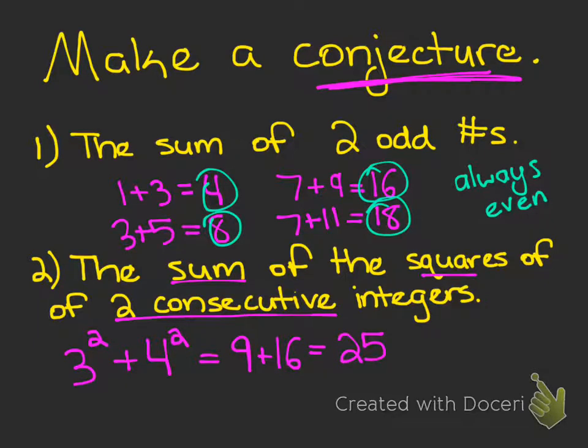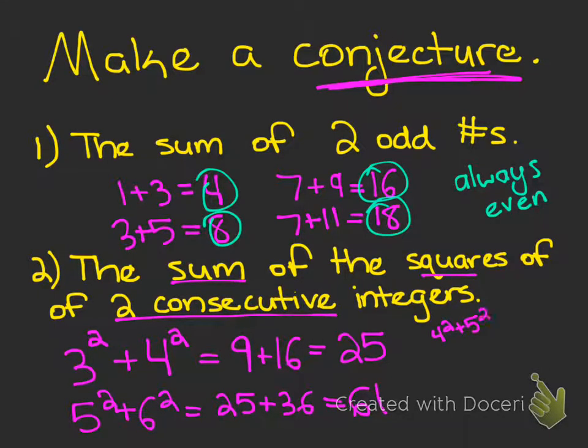Let's look at another example. Let's do 5 squared plus 6 squared. So that would give you 25 plus 36, which is 61. All right, let's look at one more. I think I kind of see a pattern here, but let's try one more just in case. Let's do 4 squared plus 5 squared.